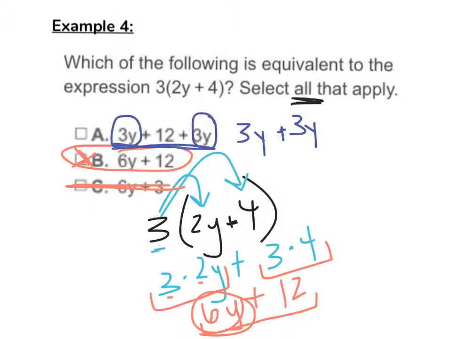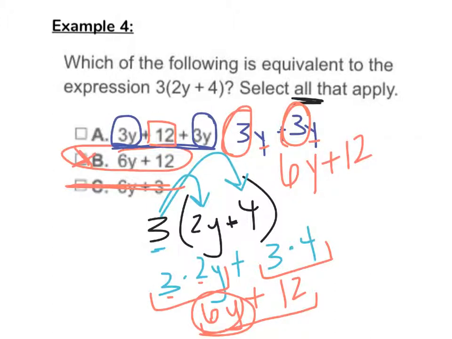Because both of these numbers or terms have a y attached, I can combine those together. So what I would do is I would add 3 plus 3, which would get me to 6, and I'd bring the y along for the ride. What I have left is my plus 12, so I have 6y plus 12.